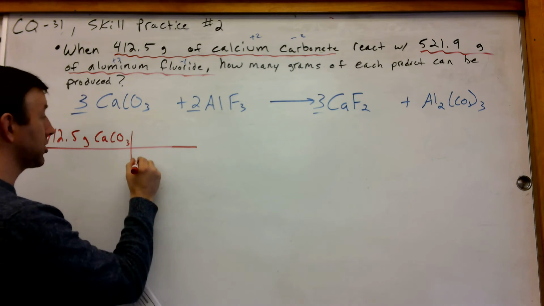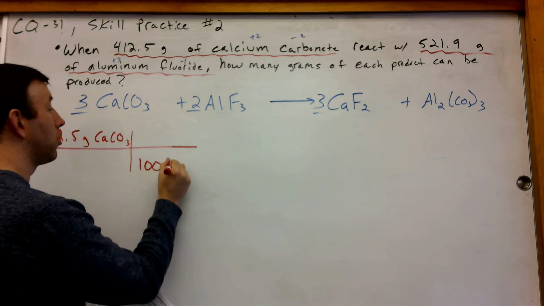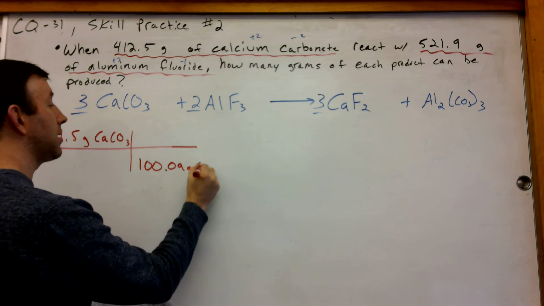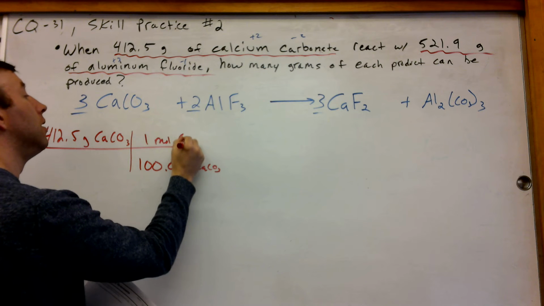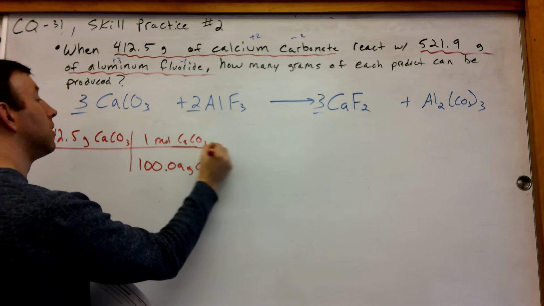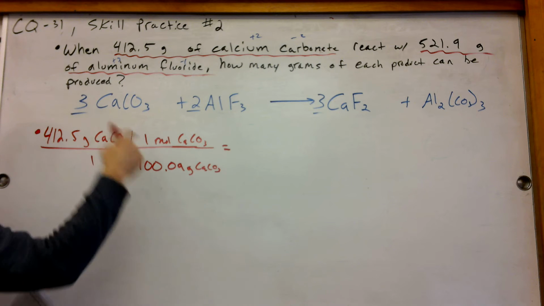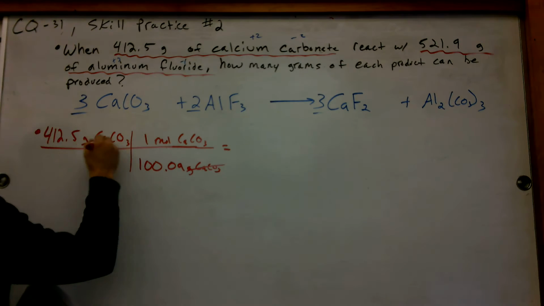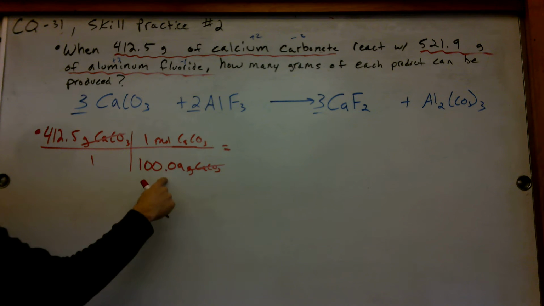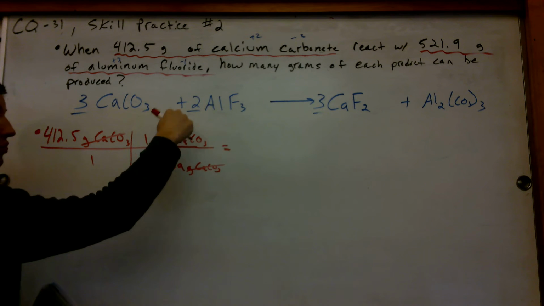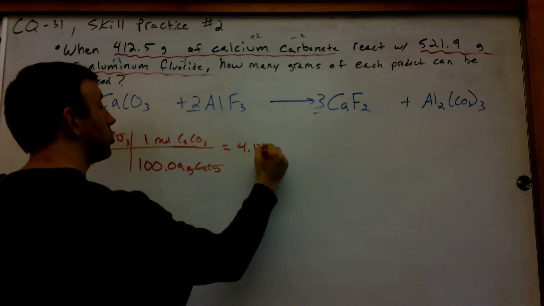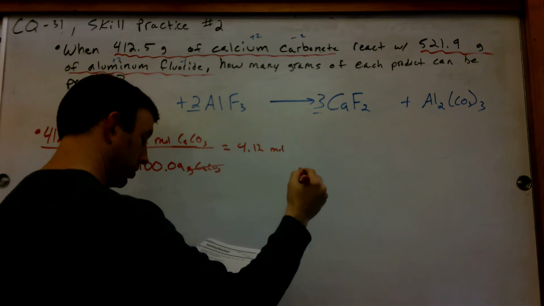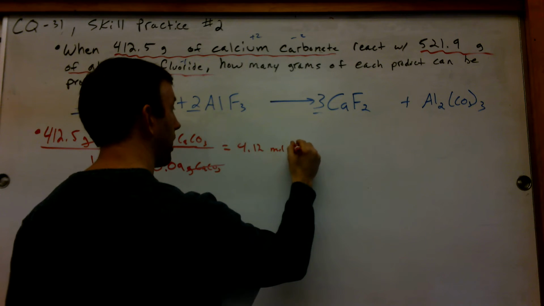And when I do that, I should get 100.09 grams of calcium carbonate per 1 mole of calcium carbonate. All right, so it's going to be a simple division problem here. 412.5 divided by 100.09 will tell me how many moles I have. When I do that, I should get 4.12 moles of calcium carbonate.